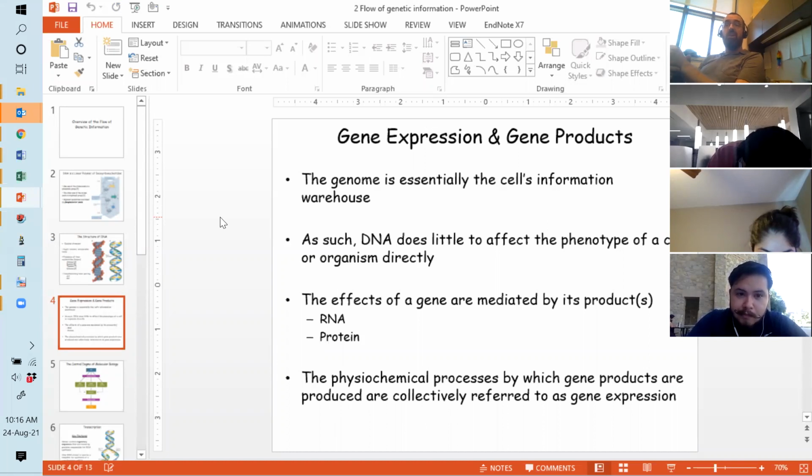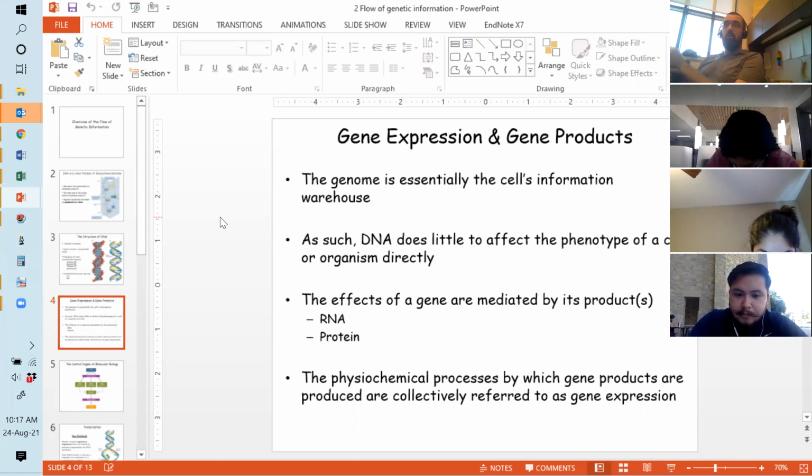So it's very much like a library, like inheriting a library from your parents if they have a particularly cool one and they pass away. Other than that, it does nothing.